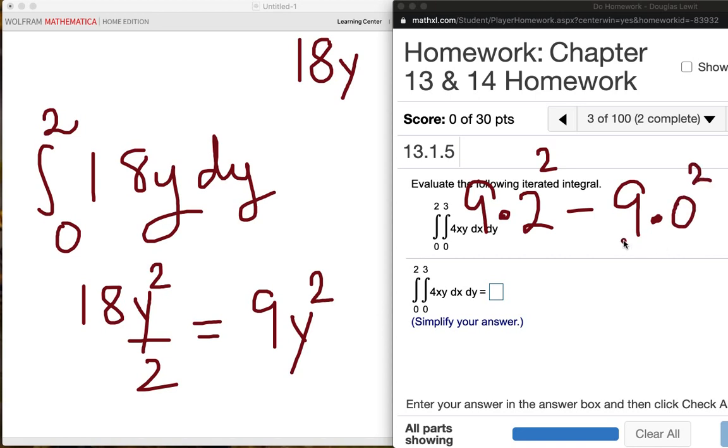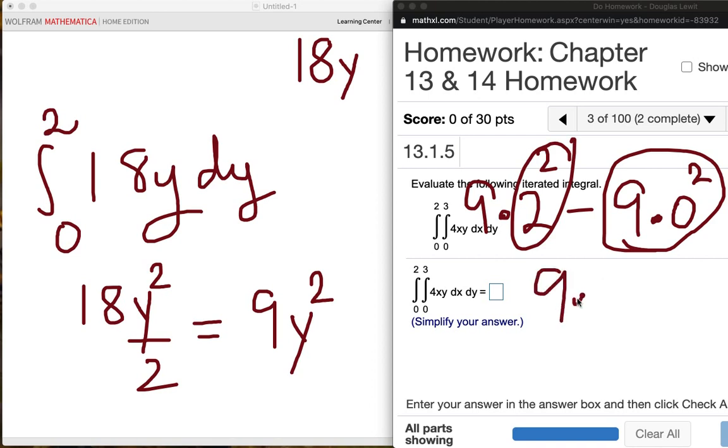But 9 times 0 squared is just going to be 0, so we don't have to worry about this. The 2 squared evaluates to 4, so we have 9 times 4. What is that equal to? That's going to be equal to 36.